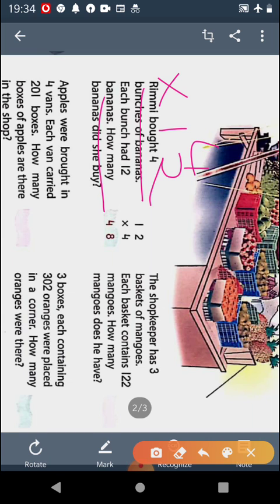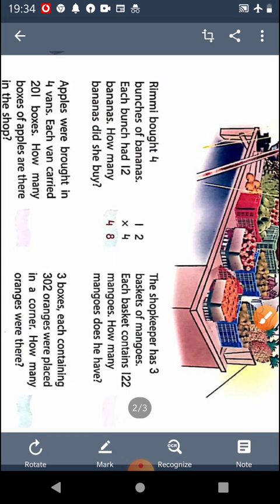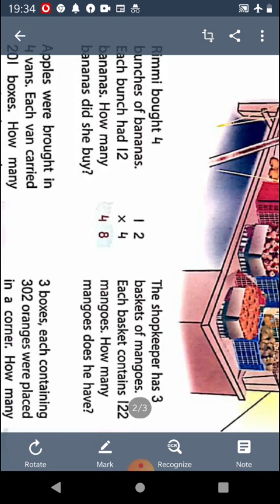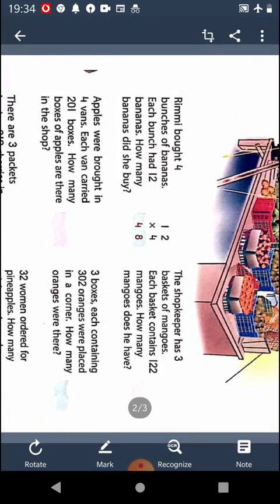So what do we do? We first write the number of bananas in each bunch. So here we have written the number of bananas and then we multiply it by the total number of bunches.